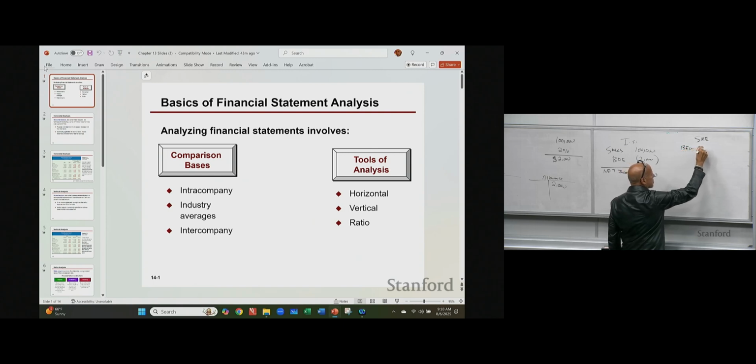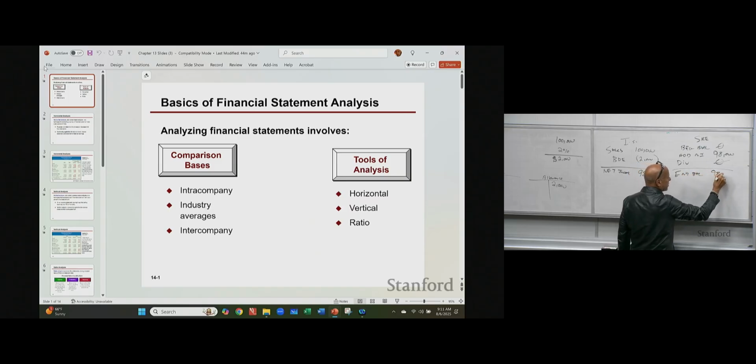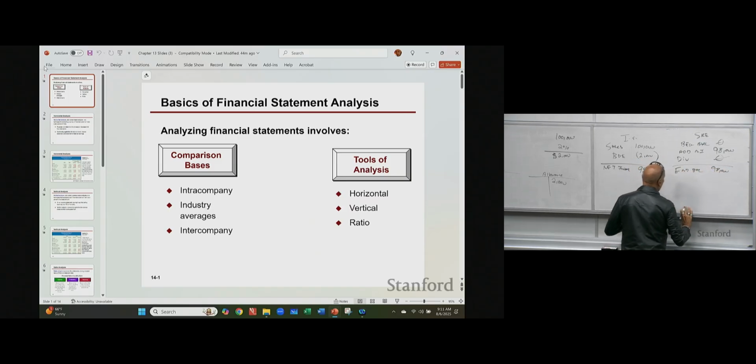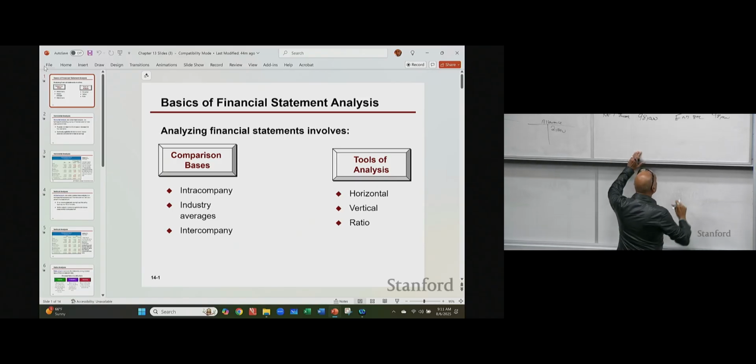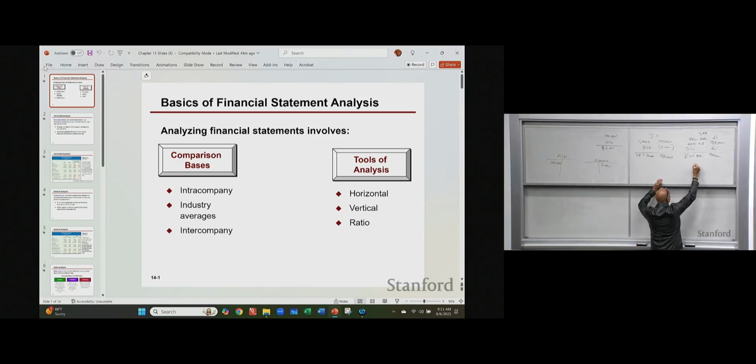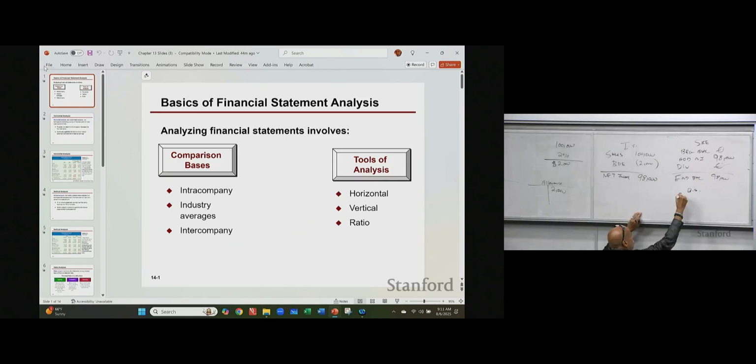Okay. Now, when they prepare the statement of retained earnings, beginning balance, I'll assume they just started business. We add the net income of $98,000. No dividend here. So the ending balance is $98,000. We prepare the balance sheet, and we would show what?